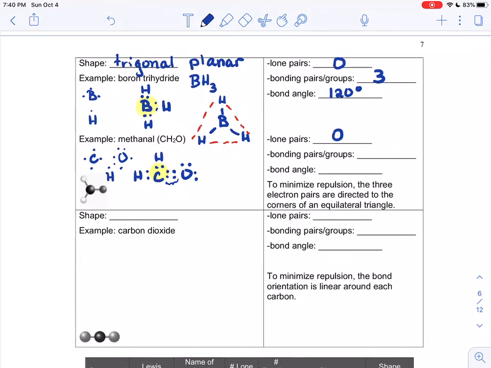So a double and triple bond you count as 1. So this one has 0 and 3. This one's shape is going to be exactly the same. It's going to have 120 degrees between the bonds, but one of the bonds, of course, is going to be double. But it's still going to have this flat shape.